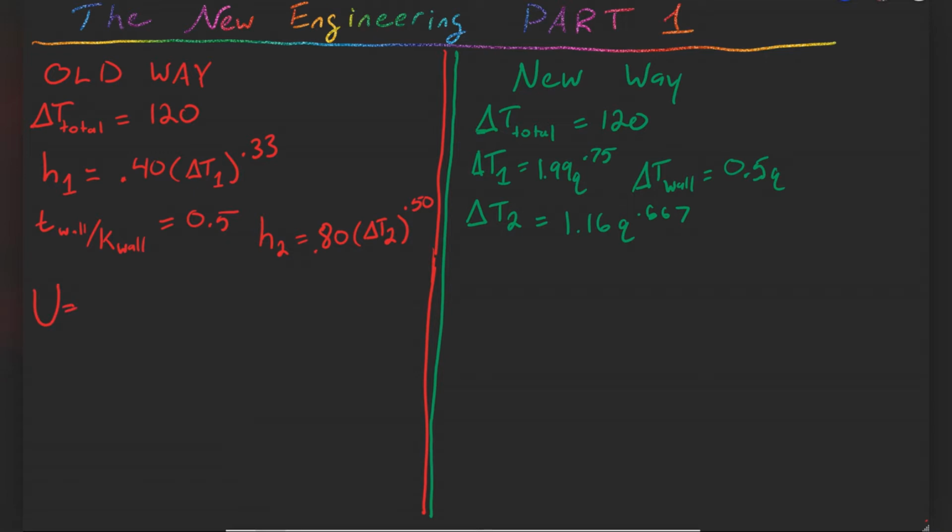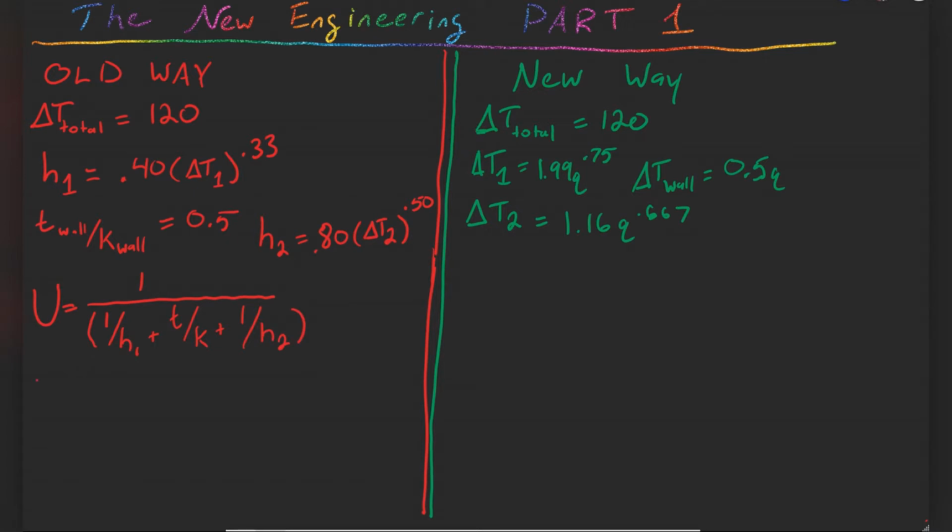So U, which is like your overall total heat transfer coefficient, just think of it as like all the H's kind of together, is 1 divided by 1 over H1 plus T over K plus 1 over H2.